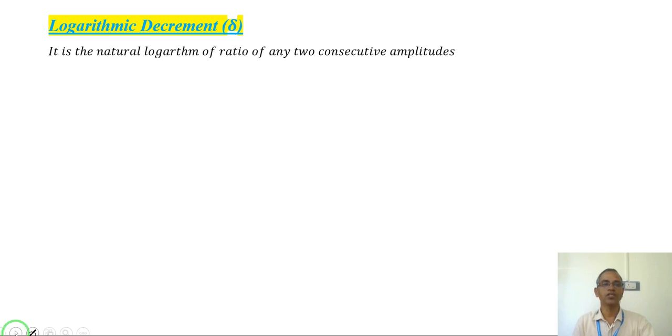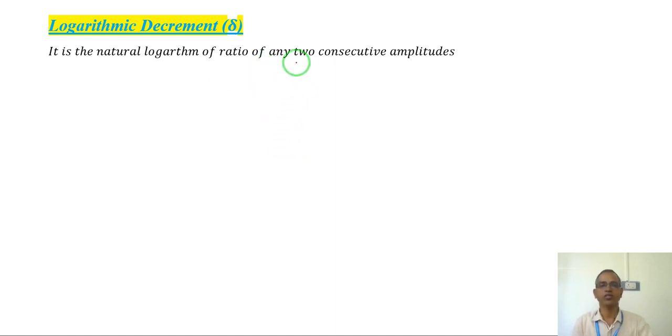By definition, the logarithmic decrement is the logarithm of the ratio of any two consecutive amplitudes. Because the amplitude decreases at a very fast rate, I need to take the logarithm. What matters is the rate at which the first amplitude reduces to the next amplitude.